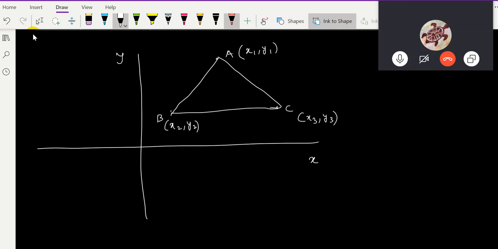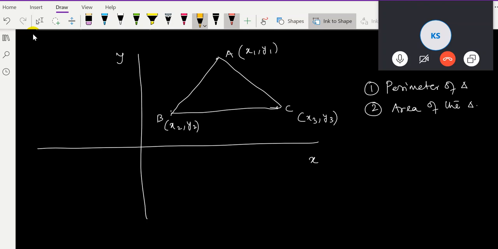There are two things that I want to find out. One is the perimeter of the triangle, and number two is the area of the triangle. So how will we do it? If we take A and draw a line down perpendicular to the x-axis, we would be left with two right triangles.